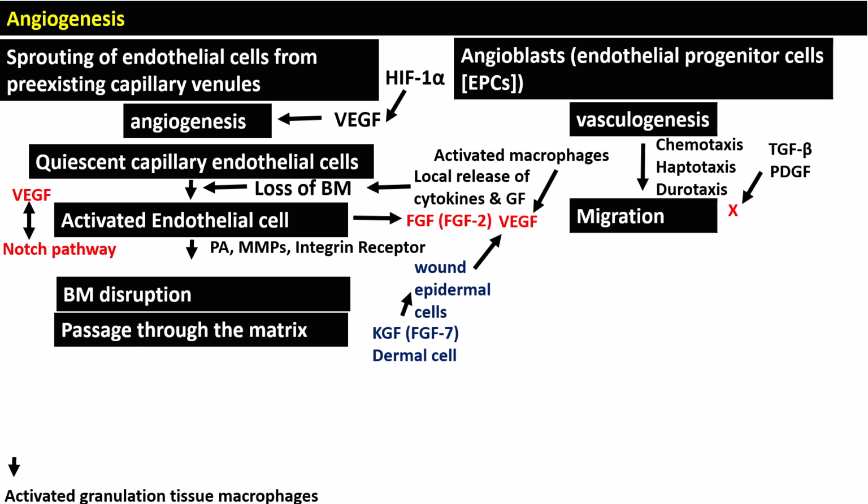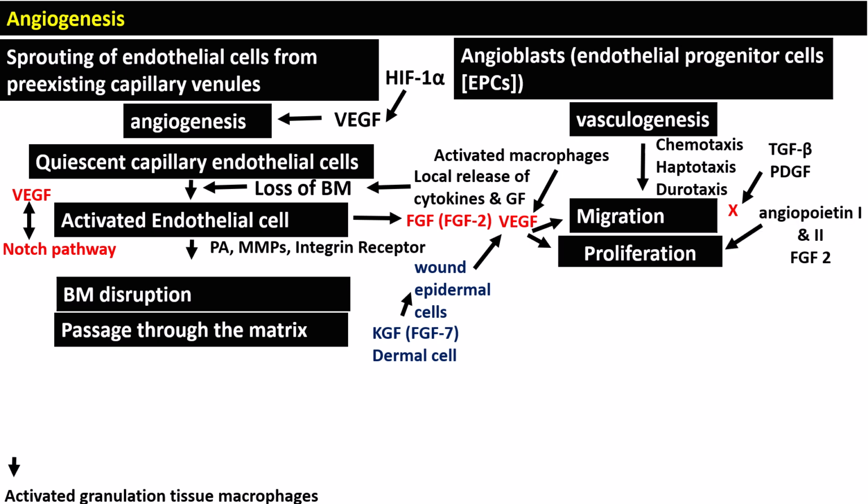So there is migration of these endothelial cells. Their migration may be stopped by transforming growth factor beta and PDGF, or they then proliferate, and VEGF is responsible for their migration and proliferation. Angiopoietin 1 and 2 along with fibroblast growth factor also play their role.